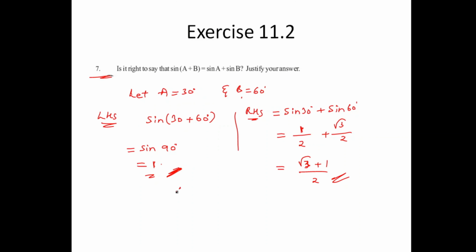Hence, I can say that LHS is not equal to RHS. So directly I can say that sine of A plus B is not equivalent to sine A plus sine B.